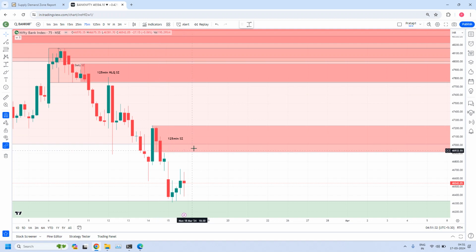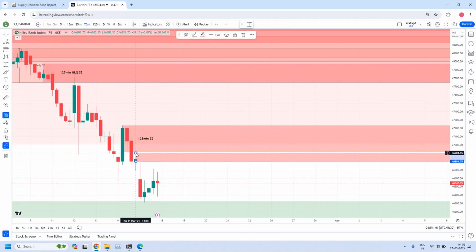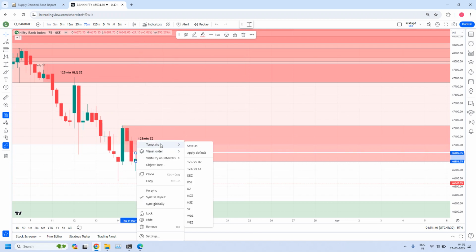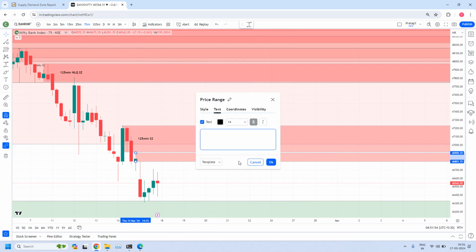This is the one. Just below the 125 minute supply zone, they added this. Like this. So this is a normal supply zone, just for reference purposes I am drawing.